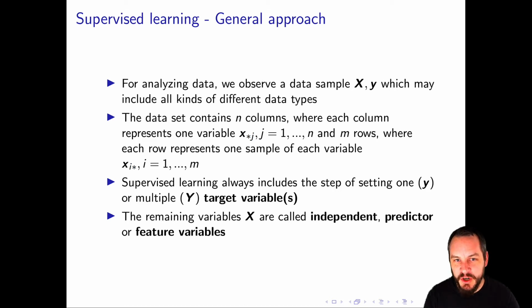So these variables are supposed to provide the information to us in order to make predictions about the target variable. And we will use an i and a j. The i corresponds to the ith observation, so the rows in the data matrix, and the j corresponds to each variable, so the columns in the data matrix.